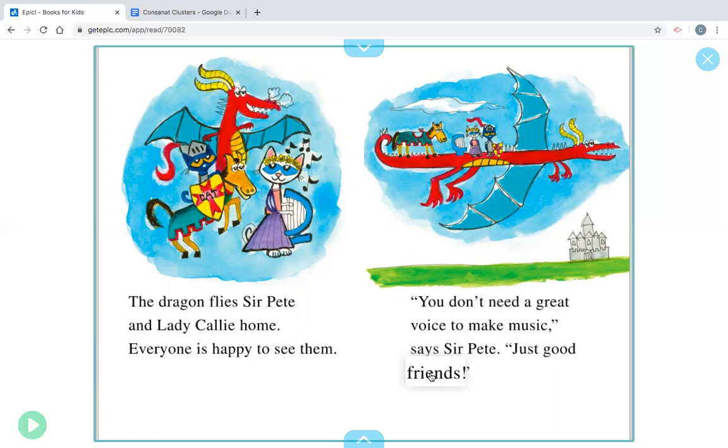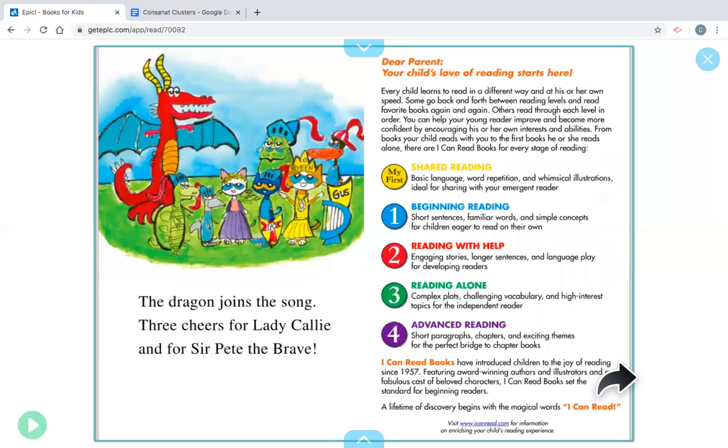Just good friends. The dragon joins the song. 3 cheers for Lady Callie and for Sir Pete the Brave.